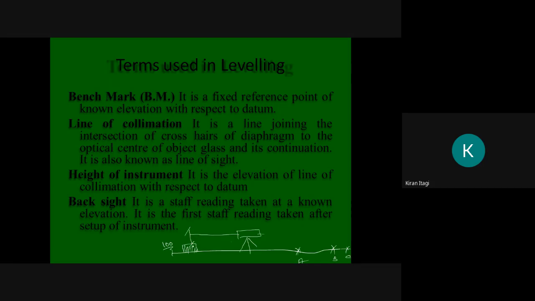So I will take the backsight. After taking the backsight, I will continue in the forward direction. I will bisect A, it will be foresight, and if I see station B, it is intermediate sight. If I shift my instrument here and take a reading backward, it will again be backsight. Backsight, foresight, intermediate sight, backsight, again foresight, intermediate sight.